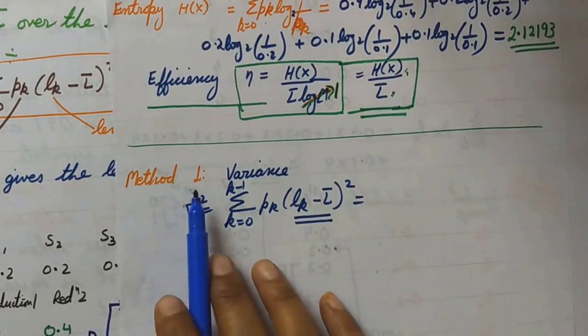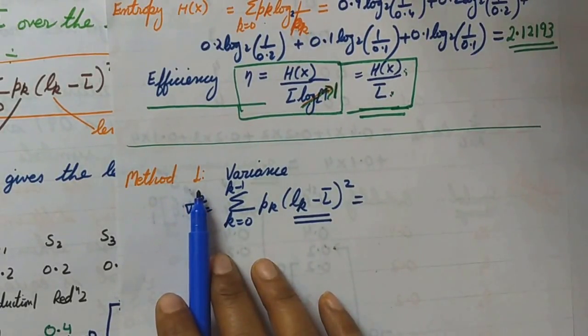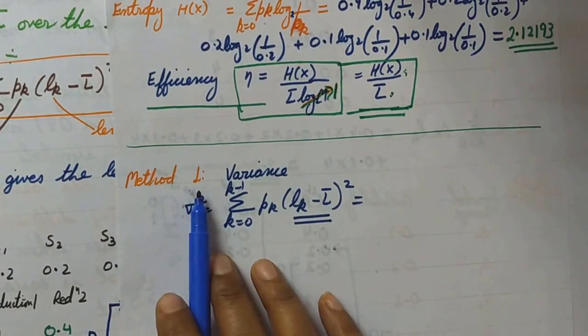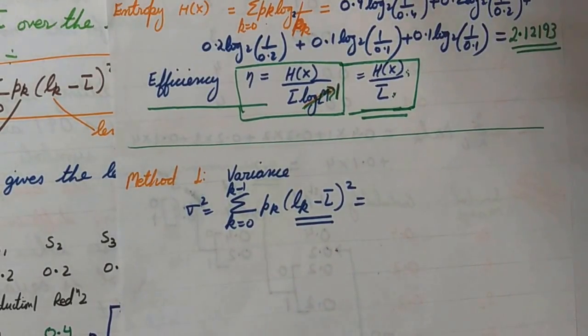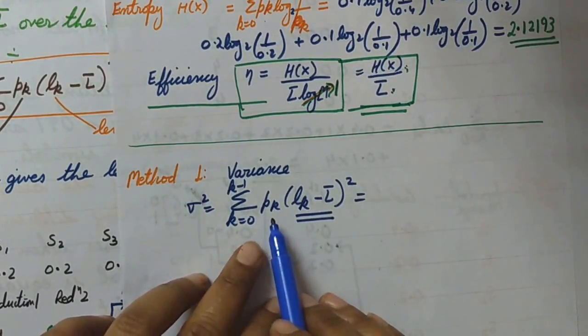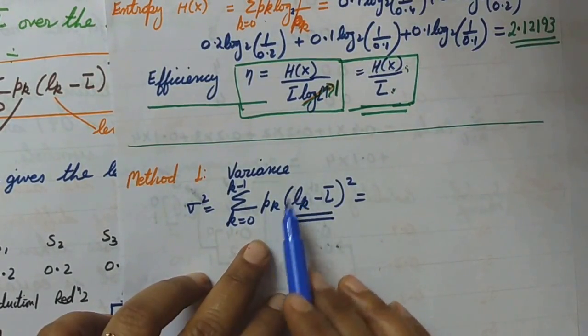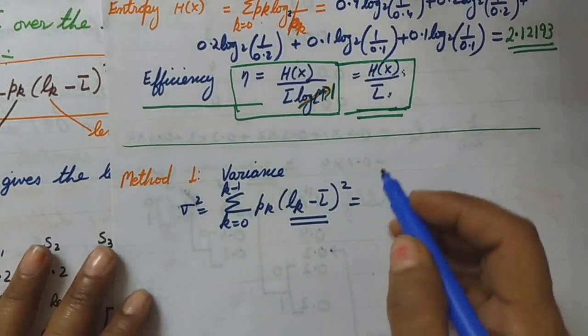So for method number 1, in which we placed the added probability as low as possible, we are going to calculate the variance. Since it is the sum of the product of two things, that is the probability and the difference Lk minus L bar, whole square, I'll put the values.